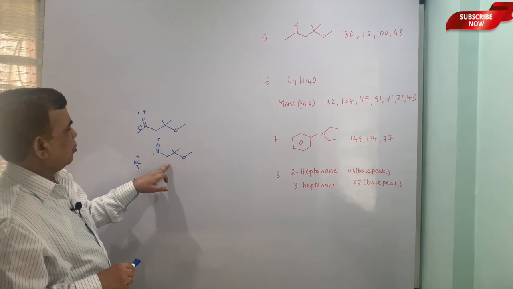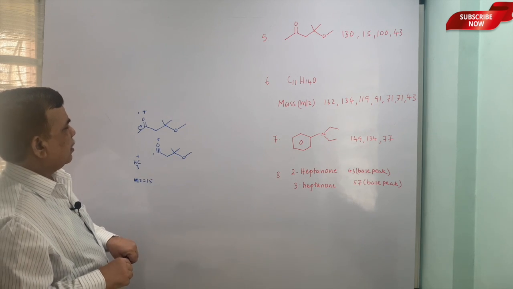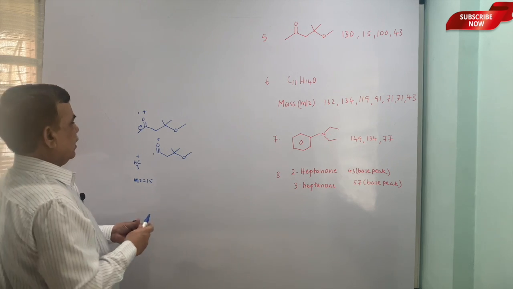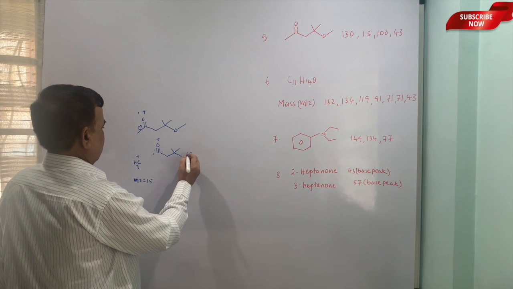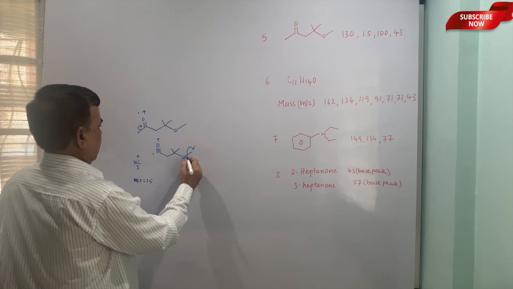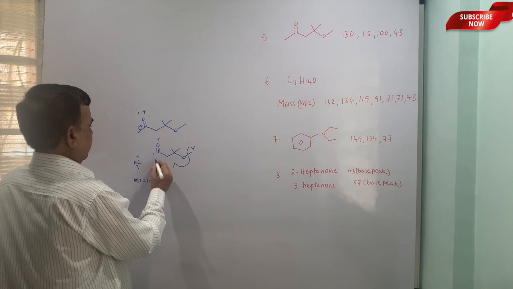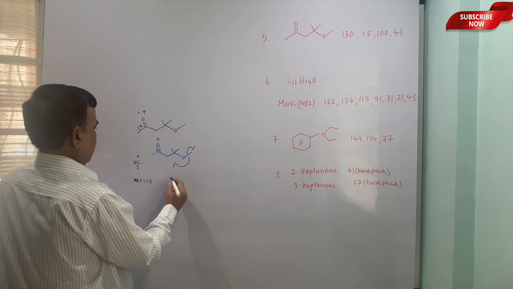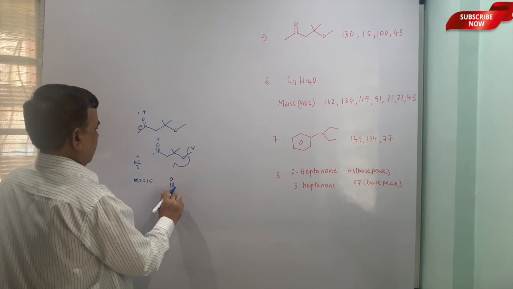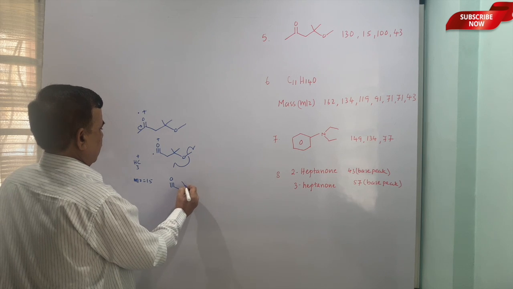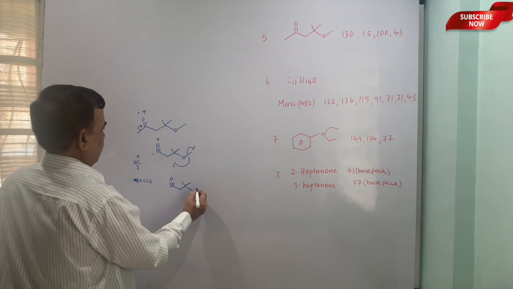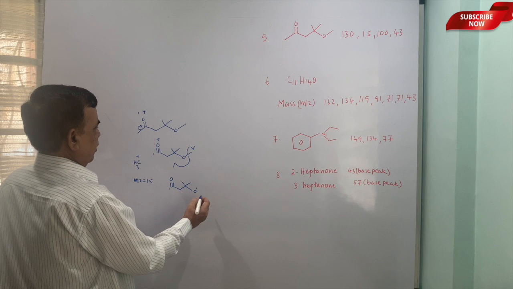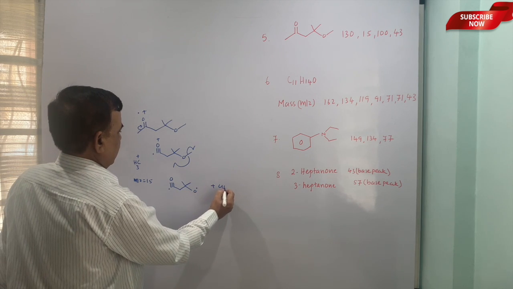From 115 you have to lose another 15 so that you can get 100. So I am showing the loss of another 15. Now this may come back to oxygen. These two may fuse, plus CH3 dot.